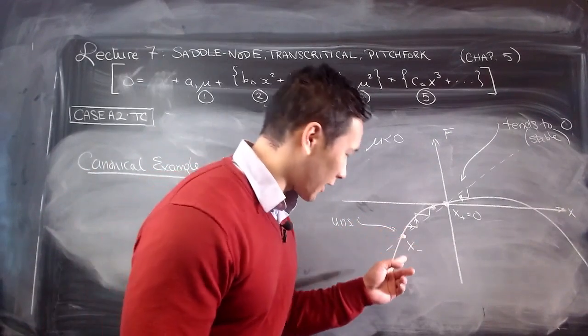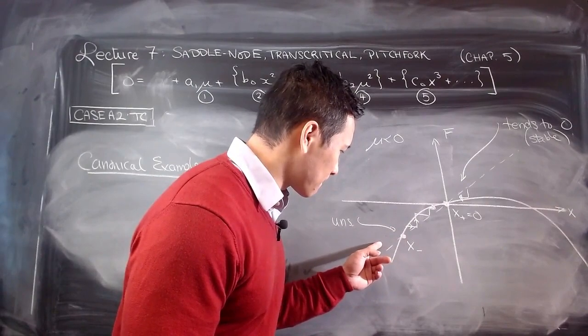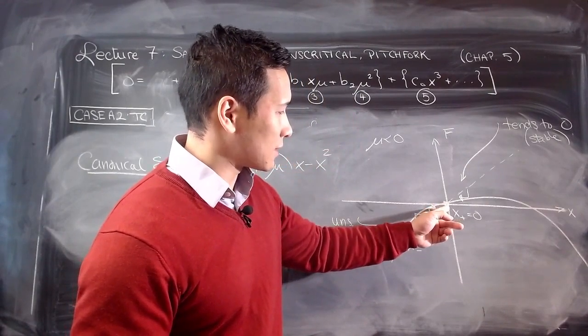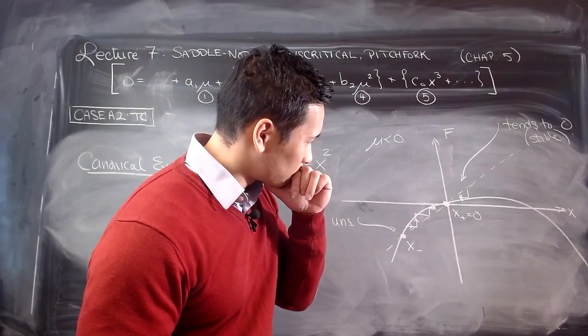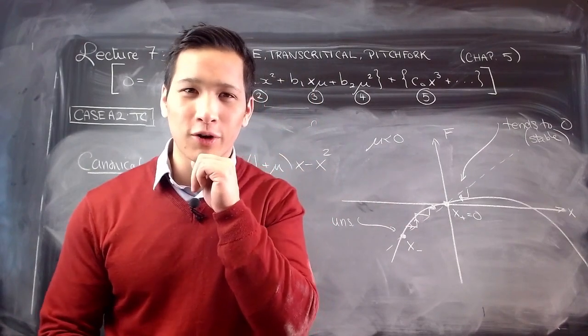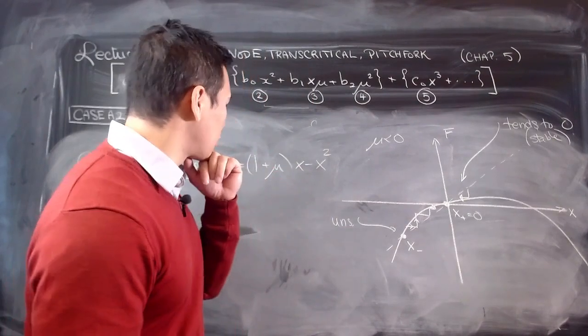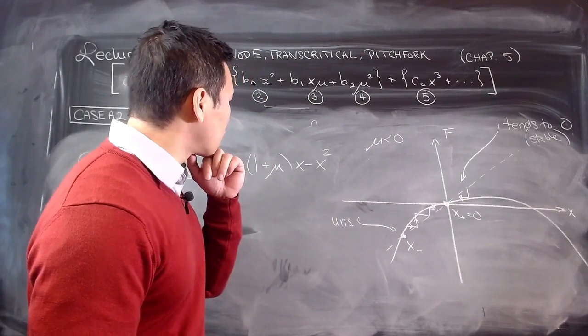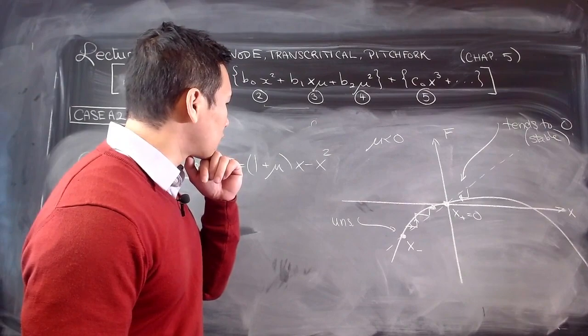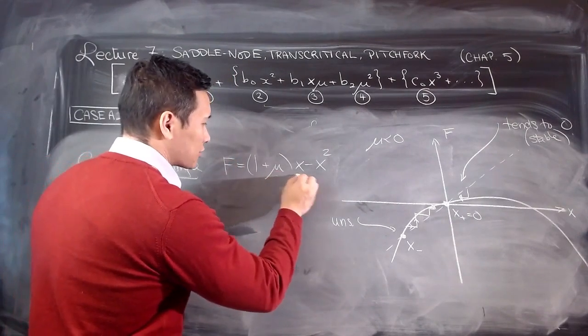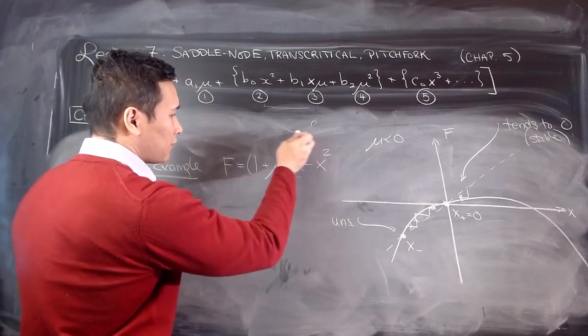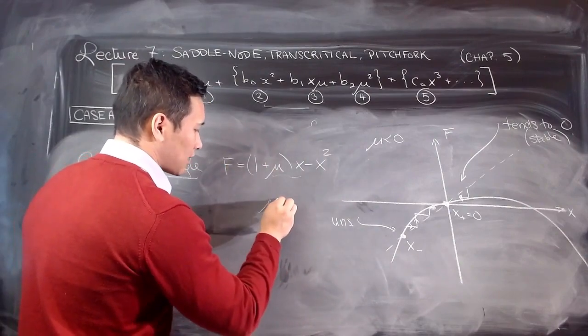It's a good question what happens when mu is very large and negative. Okay, I see what happens. If mu is very large and negative, then this behavior is dominated by mu times x.